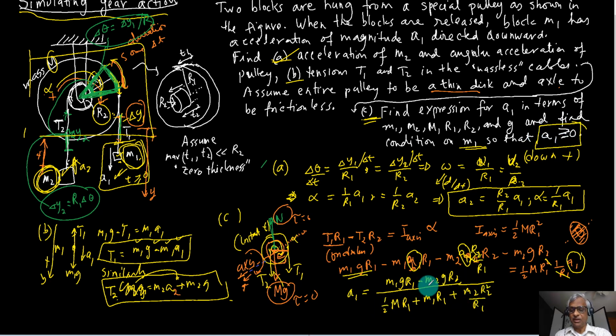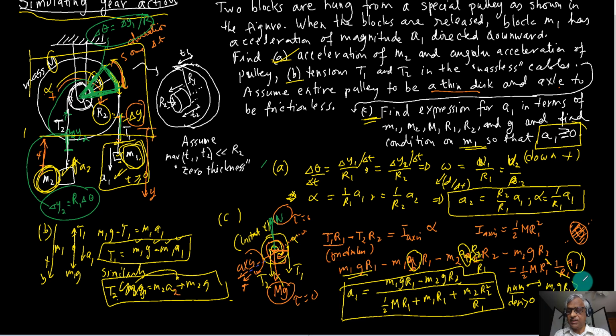When will this be greater than or equal to 0? Well, the denominator is always going to be greater than 0. So this is numerator over denominator, and the denominator is always greater than 0. That means I can answer this question just by looking at the numerator. m1 g is common, so m1 g r1 has to be greater than or equal to m2 g r2.